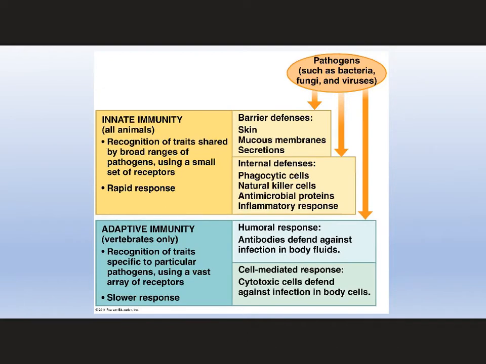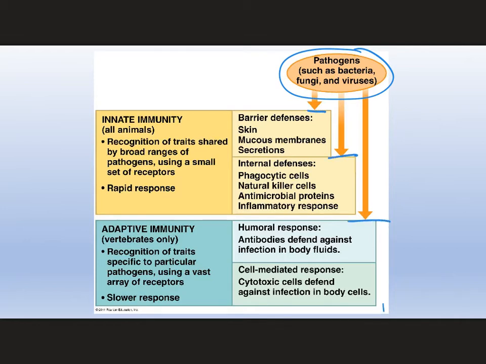So if we break this immune system down again, we've got these two branches of it. If you look at this bubble up here first, we've got the pathogens, right? Things that cause disease. So it might be bacteria, fungi, viruses, or parasites. And you've got all these different defense mechanisms that try to stop them.